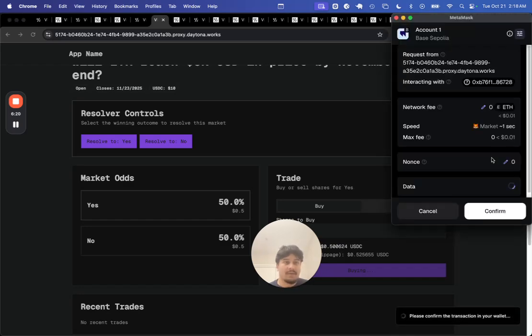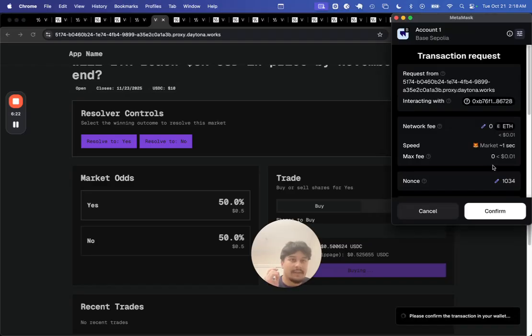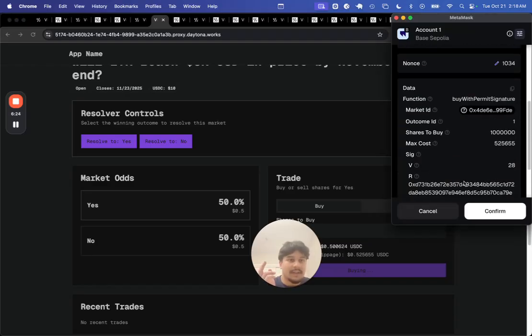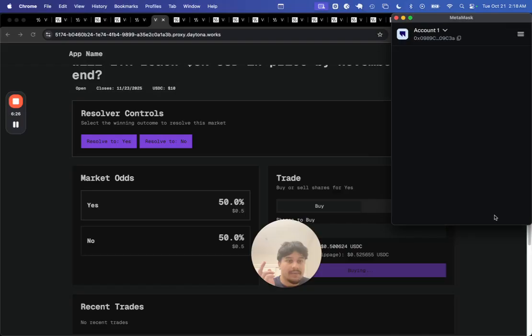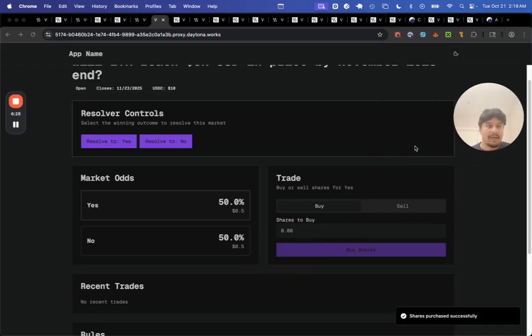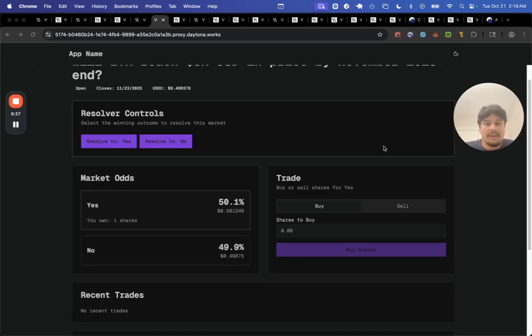And so with one signature and one transaction, I'm able to buy Yes token shares, which is really nice because I don't have to sign an approval transaction and then sign the actual buy transaction. I can just use the signature and then pass that signature into the transaction. So we set it up that way with the prediction market contract.